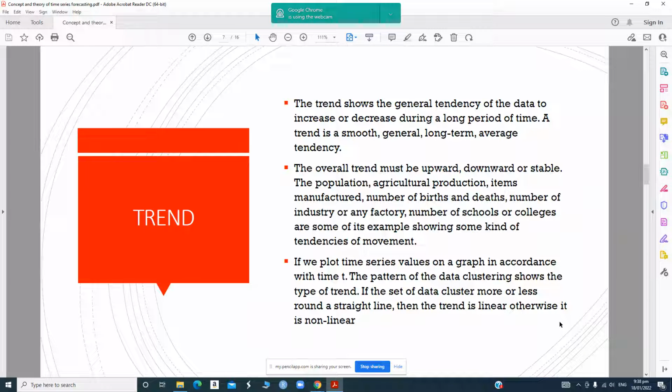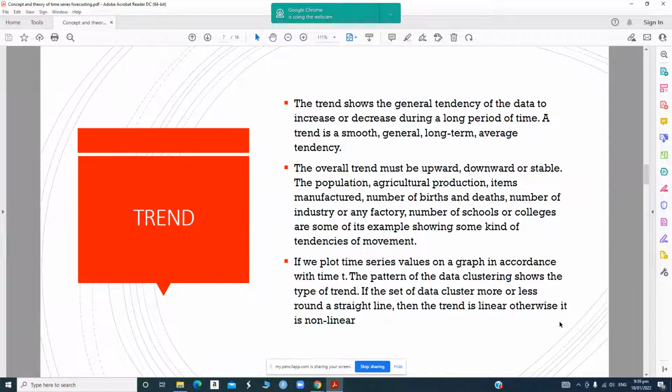Maybe interested in yield growth, productivity, and so on. And all these have some tendency either to move up or decline or remain stable over some time. So if we're trying to look at it that way, then we are considering the trend. So if we plot time series values on a graph in accordance with time t, we can actually get the pattern of the data.